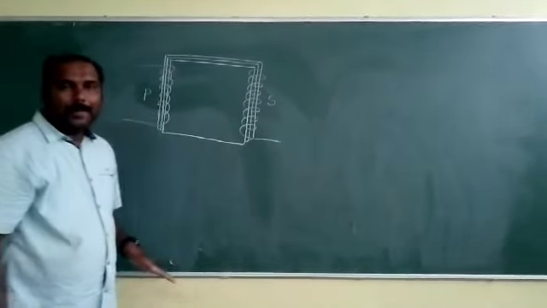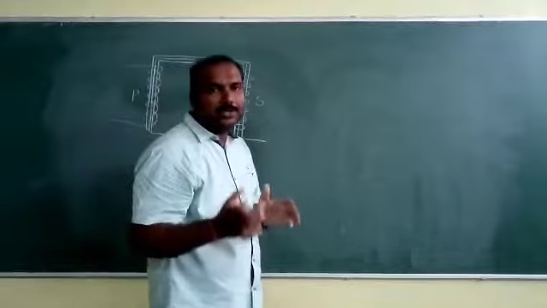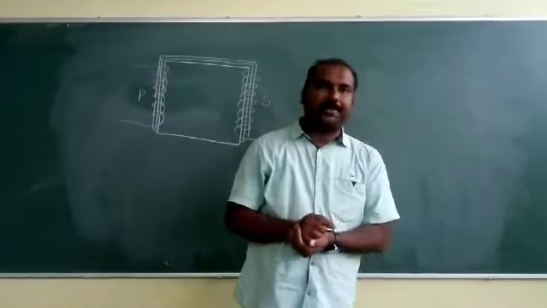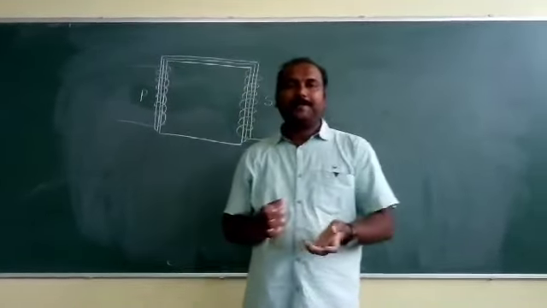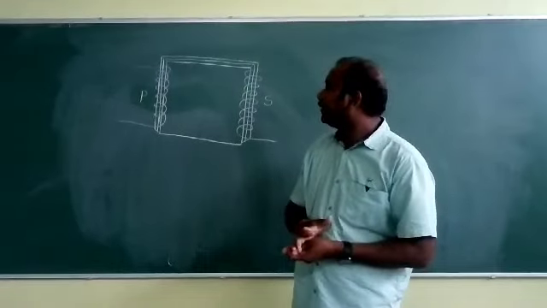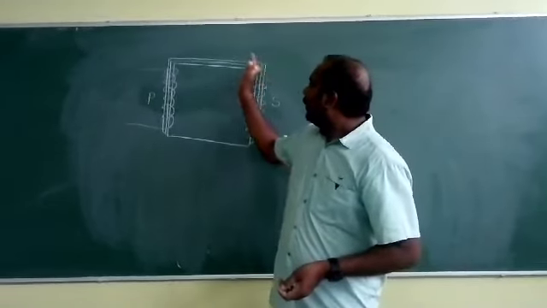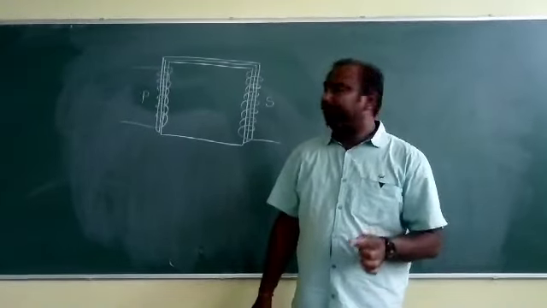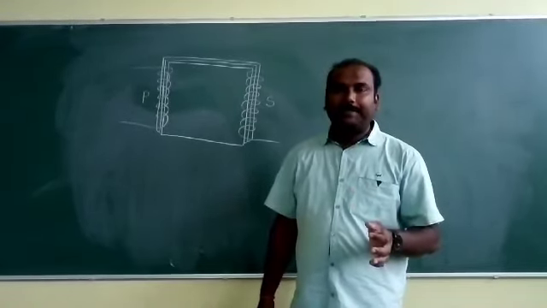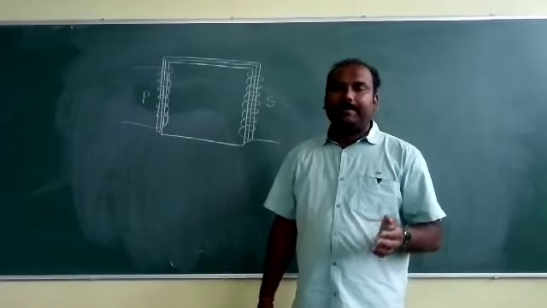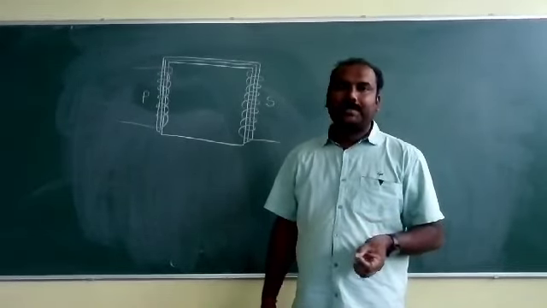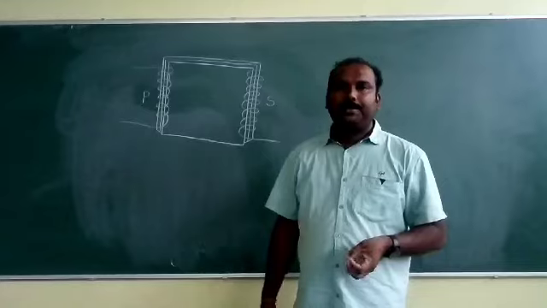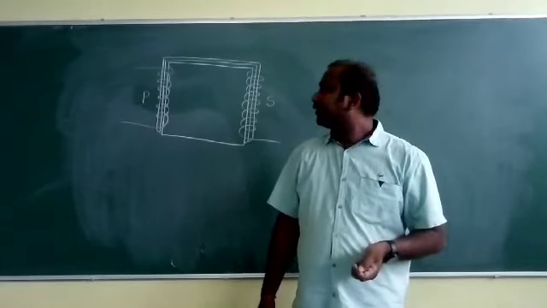Once again, a transformer is a device which is useful to step up or step down the voltage. It is based on the principle of mutual inductance. Here I am taking one laminated core of soft iron material. Soft iron is preferable to minimize the hysteresis loss, and a laminated core is required to minimize the eddy currents.